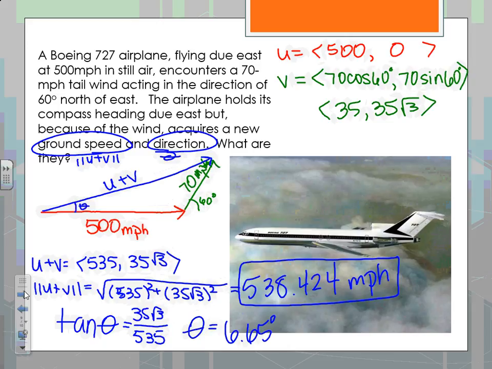Now, what would happen if this was going in that direction? What if u plus v was going in that direction? What would our angle really be? Without direction, what would our angle be? How would you figure it out?